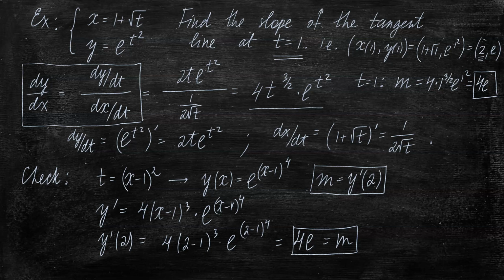Not always will you be able to isolate the variable t and plug it into the y function. So not always can you rewrite the parametric equations in explicit form. So sometimes we will have to use the method for parametric equations.